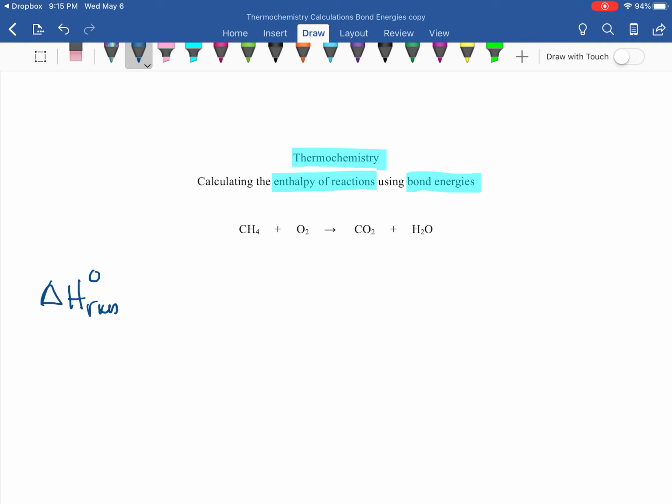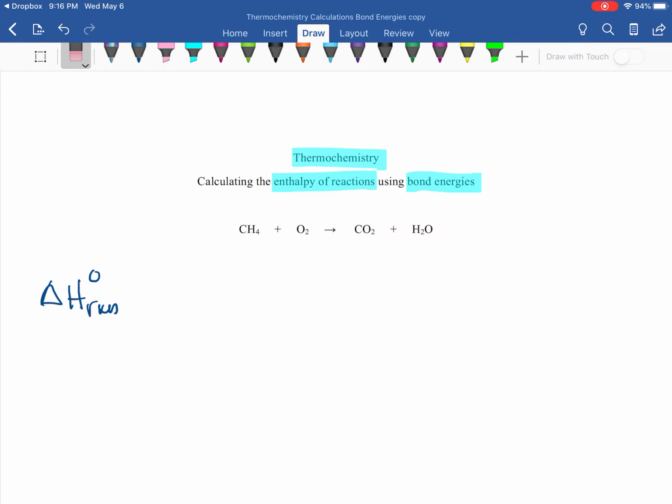When we calculated our enthalpy of this reaction, you'll notice I picked the exact same example from our last video. We have that combustion reaction, and I did that on purpose because I want to compare two different methods to calculate the exact same thing. But there's major differences in both calculations.